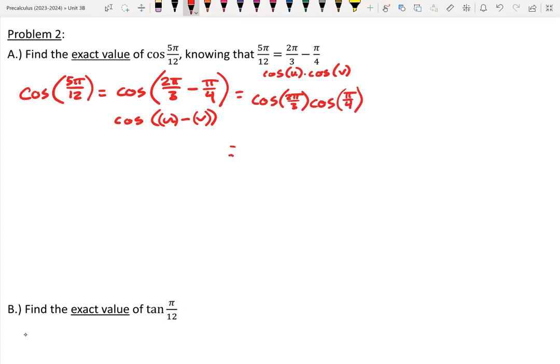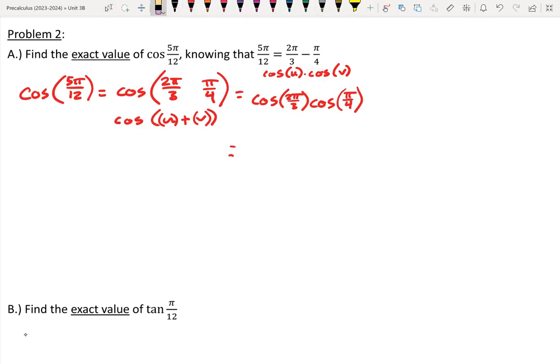Now, I could do it as negative pi over 4, but if I do, you would have to write this as plus a negative. And so then it is no longer a cosine of u minus v, but is instead a cosine of u plus v, with the v being negative. So you could, if you wanted to, it would come out the same.